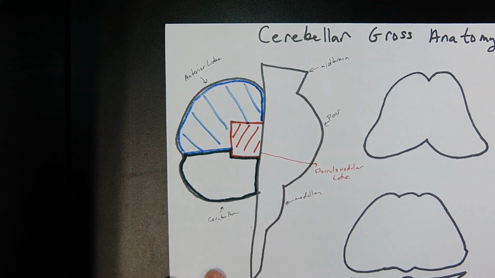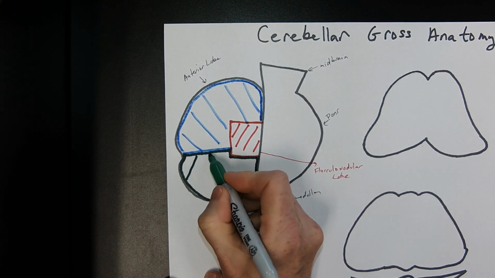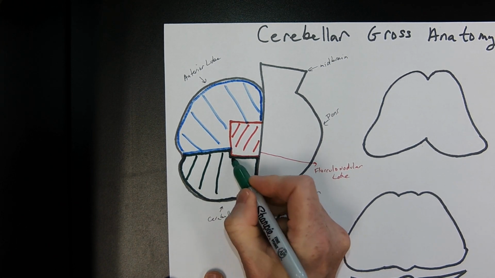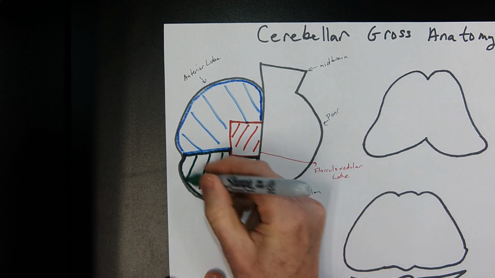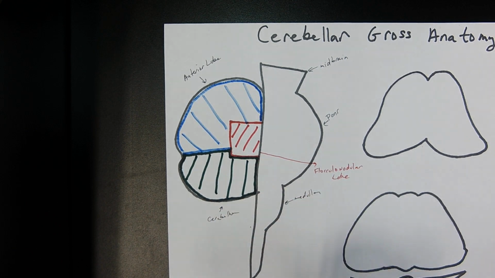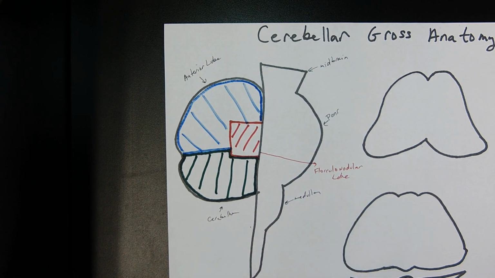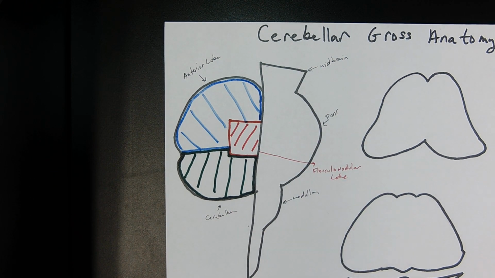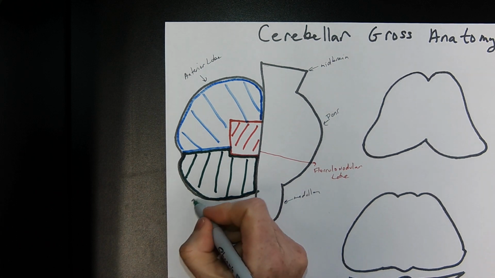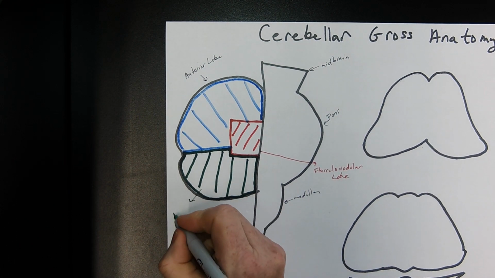Now, if you kind of think about it, we talked about PICA, posterior inferior cerebellar artery. Well, PICA supplies the posterior lobe, and AICA, anterior inferior cerebellar artery, supplies the anterior lobe. And that's where that comes from. So anterior lobe, and this is posterior.